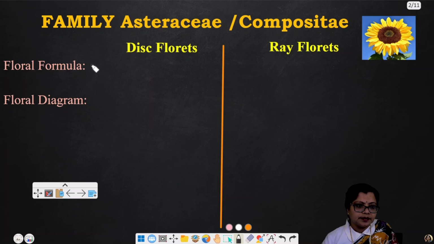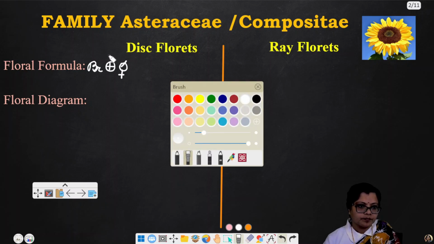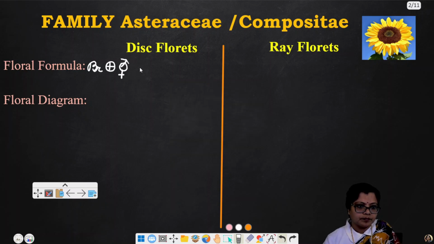That is, bract is present, actinomorphic, then bisexual, calyx pappus, corolla 5 united, androecium 2 syngenesious, epipetalous, gynoecium 2 united, and inferior ovary.